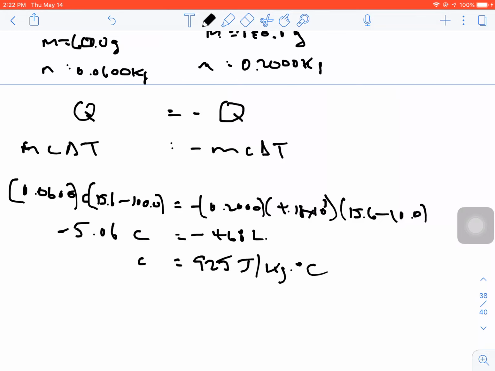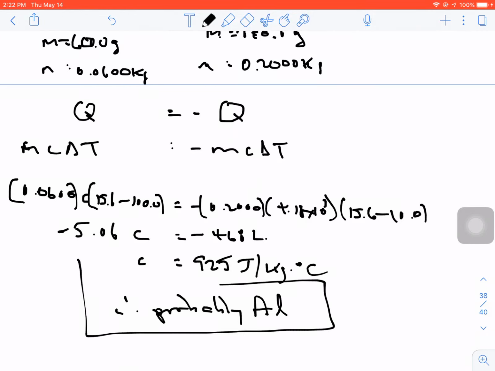So therefore, I can't say for sure it's aluminum because there's a whole lot of metals that aren't on my list. And there could probably be other metals that are 920 or 925 joules per kilogram degree C, but I don't know what they are. But I do know that aluminum is one possibility because it matches.